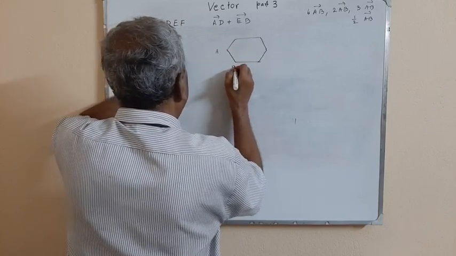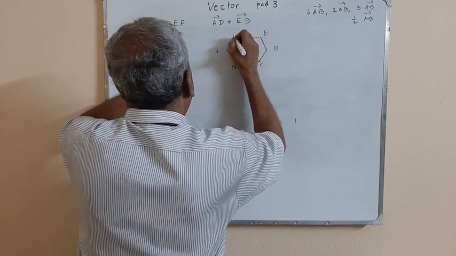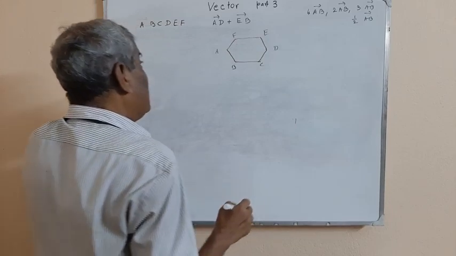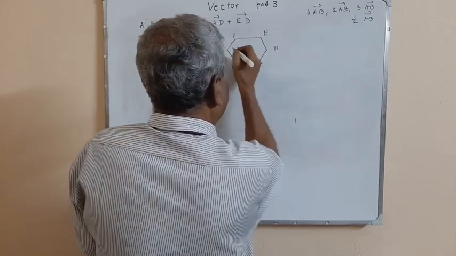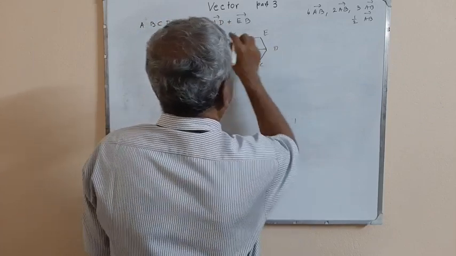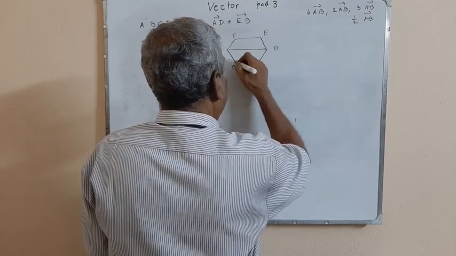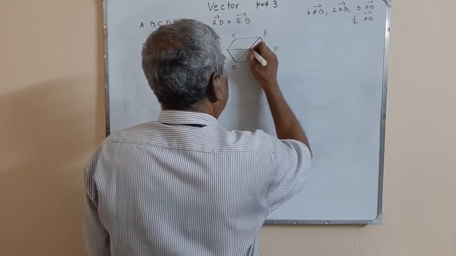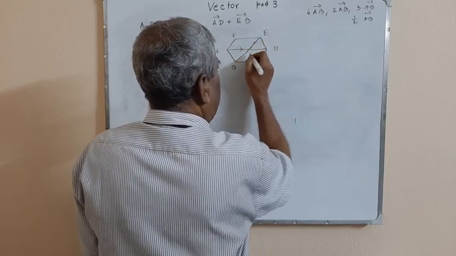We have to find the vector AD plus EB, the AD vector and the EB vector.